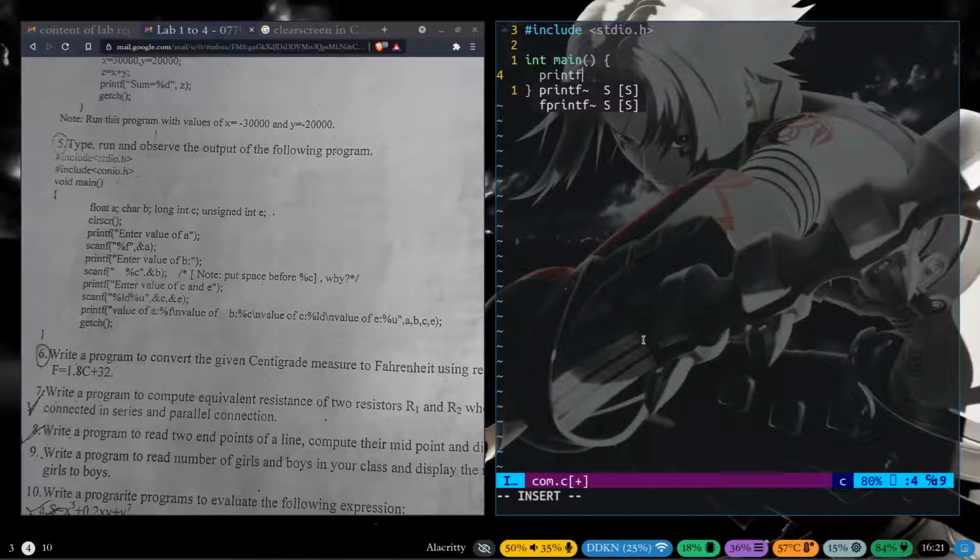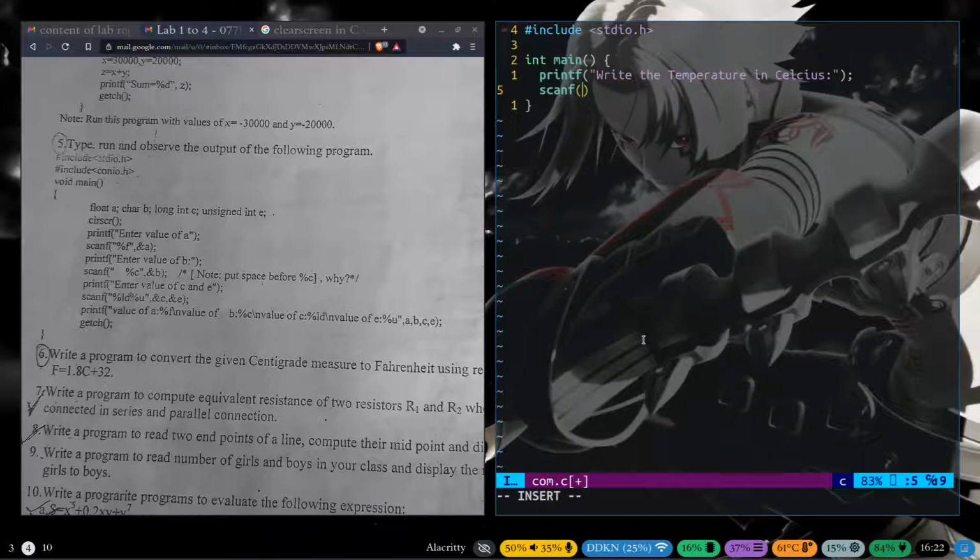Printf. Write the temperature in Celsius. Scanf.